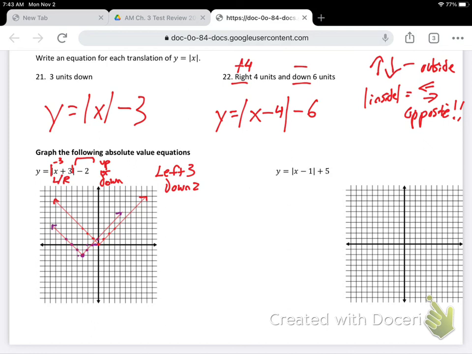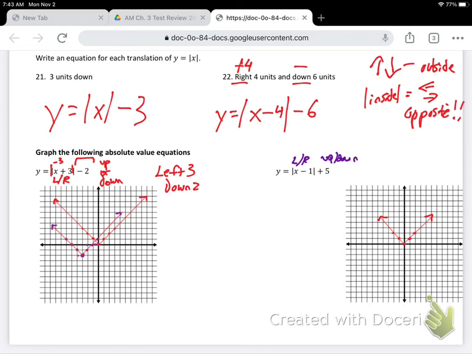All right, let's go to the next one. First let's start with the original. And then after I draw my lines, we got to figure out where we're going. Remember, this one is left or right, and then the outside is up or down.